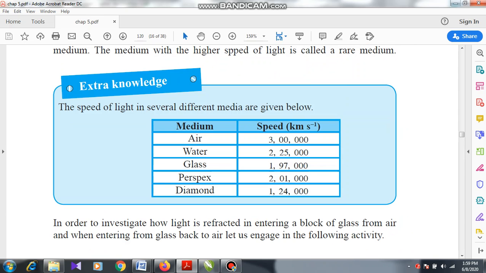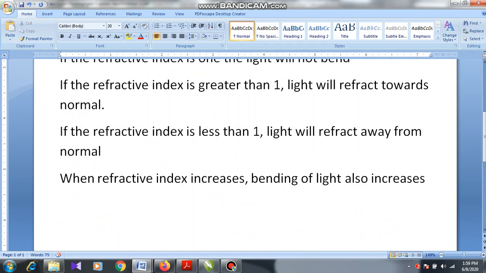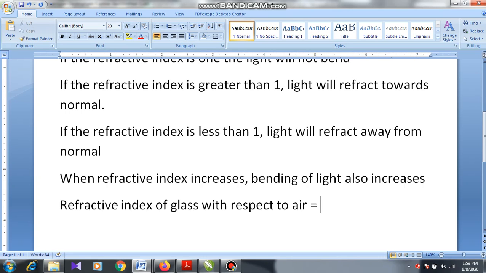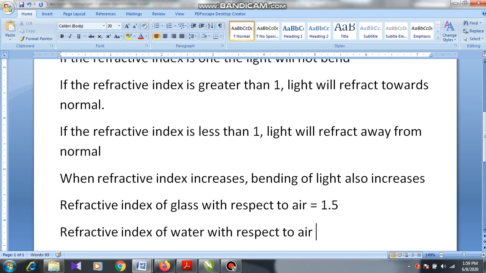The refractive index of glass with respect to air is 1.5. The refractive index of water with respect to air is 1.3.